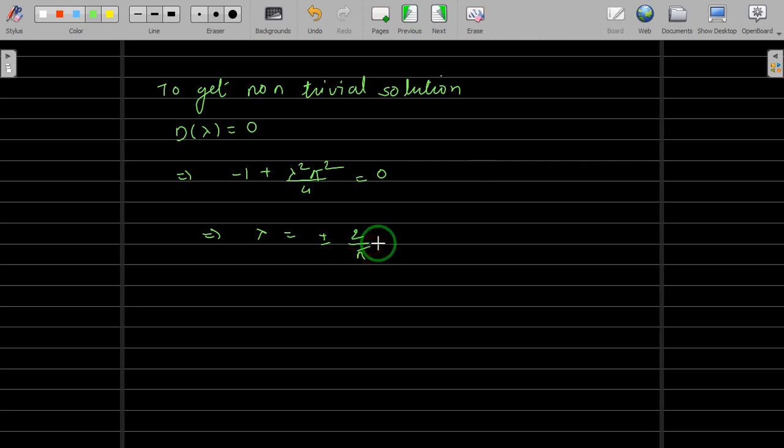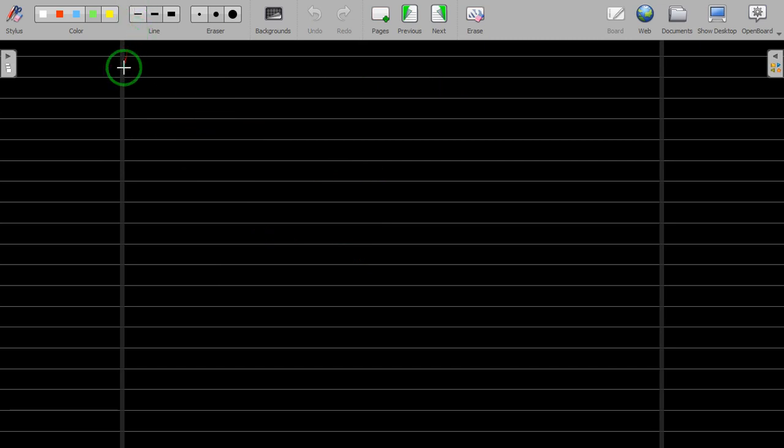Now for these values your determinant becomes 0, and hence you will have a non-trivial solution. So you take lambda equal to plus and find the solution, then take lambda equal to minus and find the solution. Let us take plus first. Lambda is equal to 2 by pi.